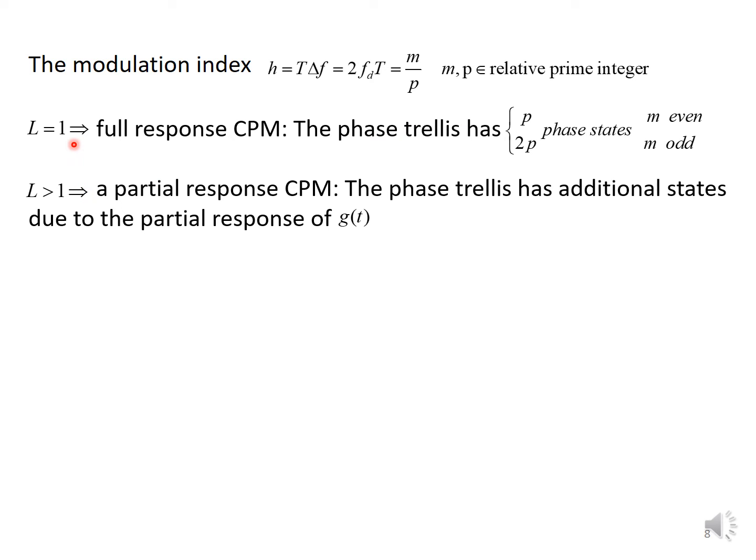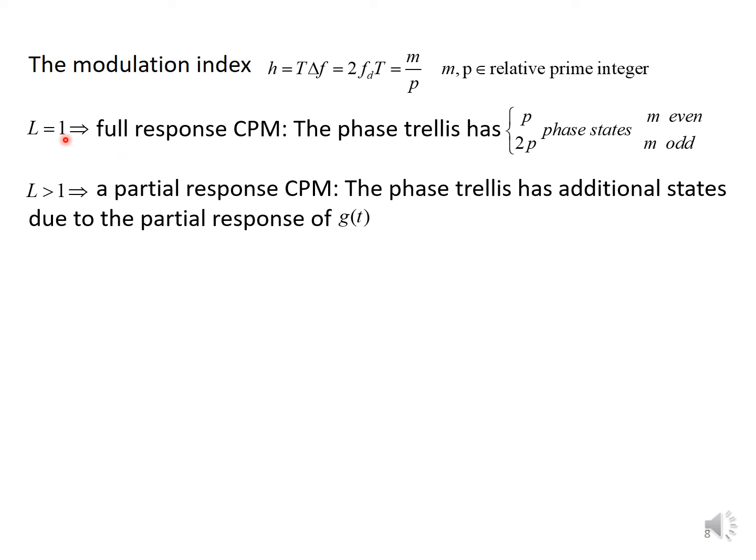And the length L of the pulse shaping function could be just one pulse, L equal to 1, or L could be greater than 1, could be 2, could be 3, a multiple of the symbol time.